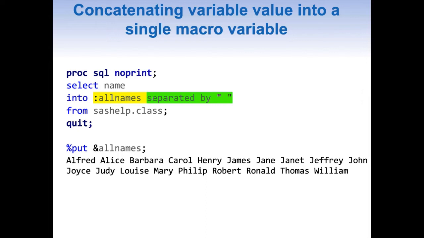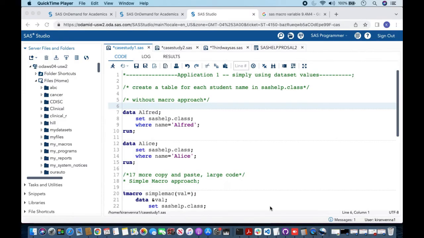Now we have looked into how to create macro variables, but we have not gone into details on how to use them. Let us try to understand how we can use the macro variables that were created by Proc SQL into class. In here I am going to cover three different styles.